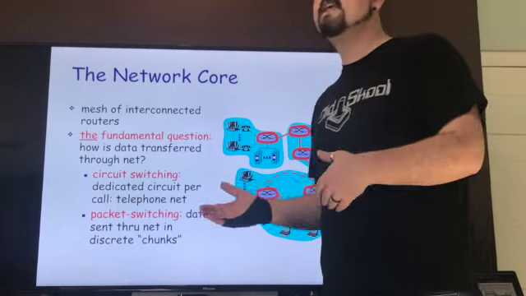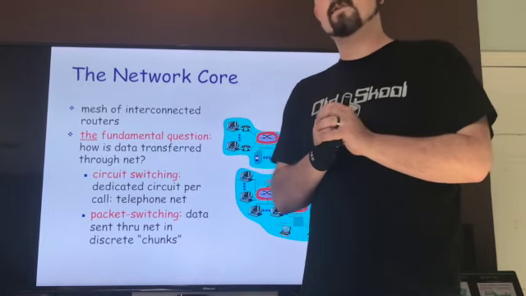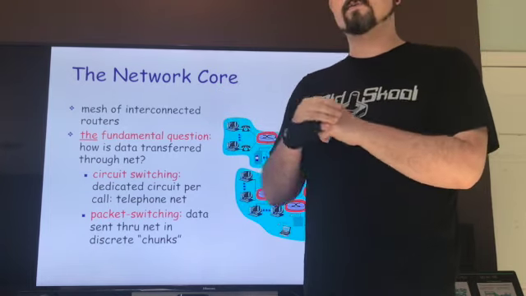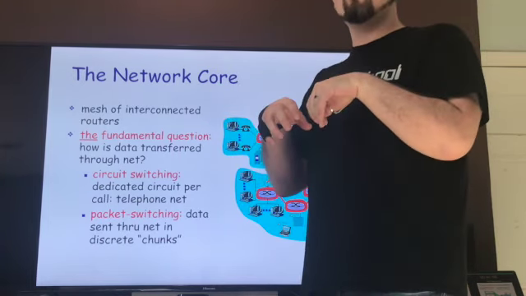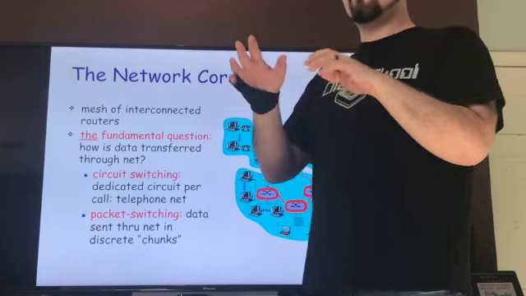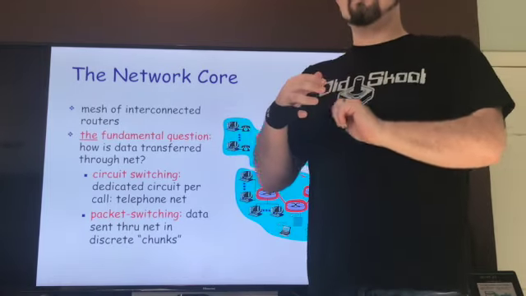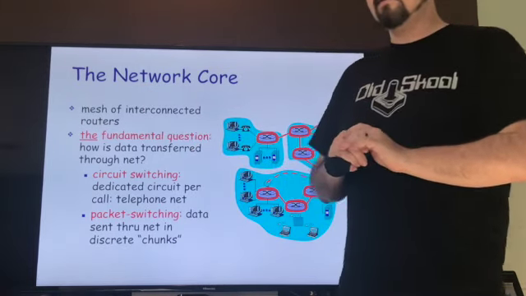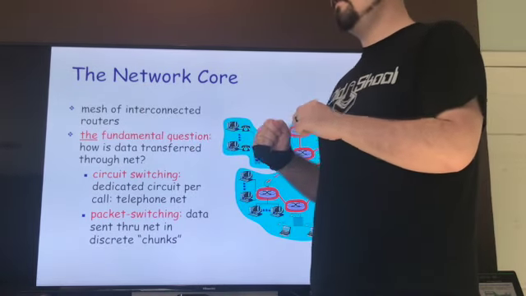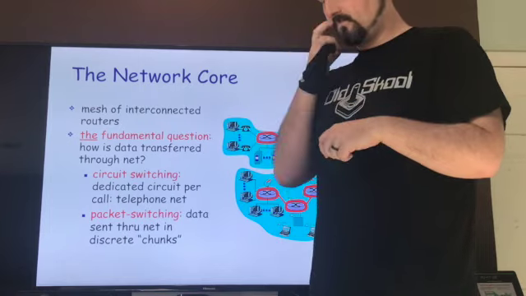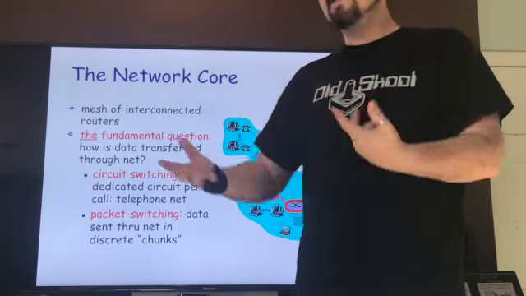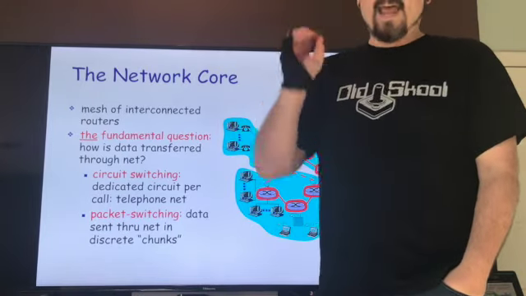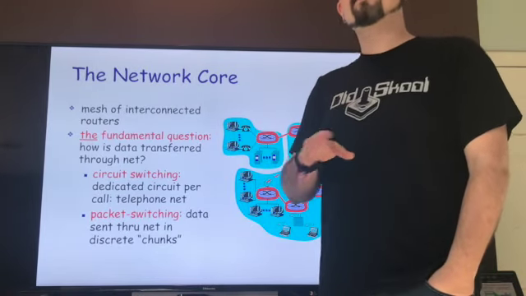Well, it turns out that there are some advantages to circuit switching, and some companies are actually looking into doing circuit switching today, where, for instance, an ATM network, not an ATM machine, an ATM network, which we'll see, that's a network protocol that's actually making a comeback for some applications, because some applications absolutely need certain guarantees or it just won't work.